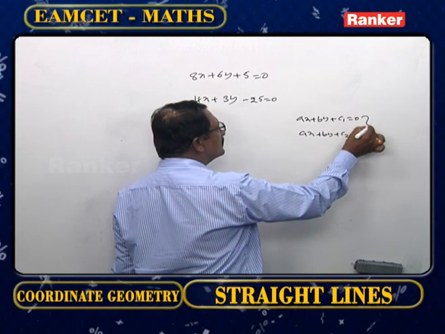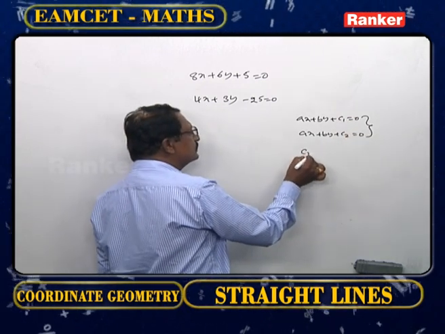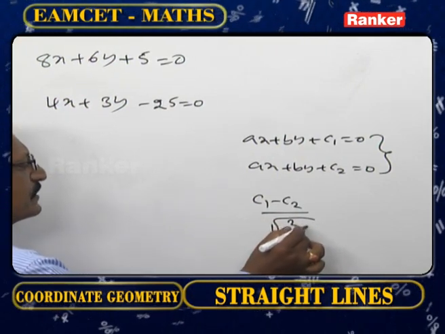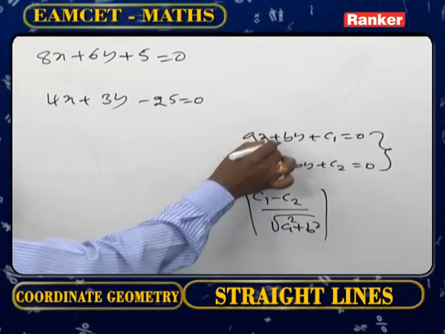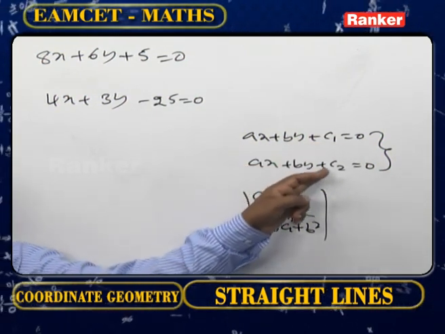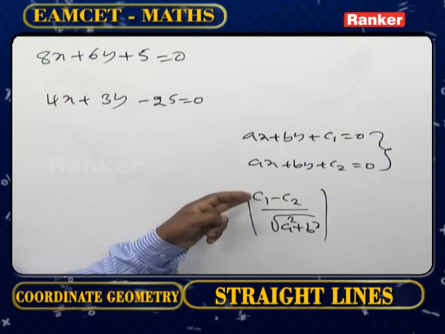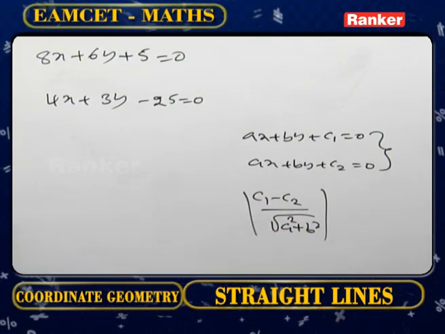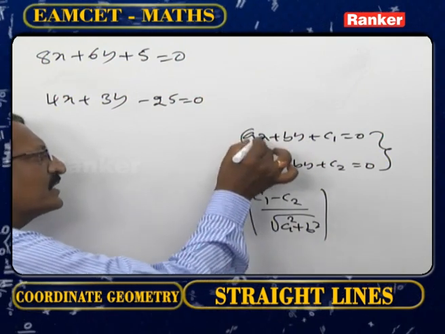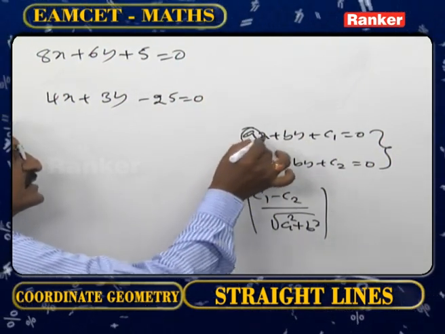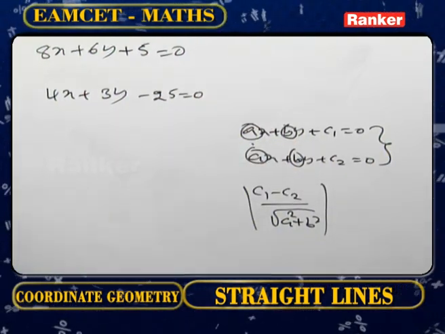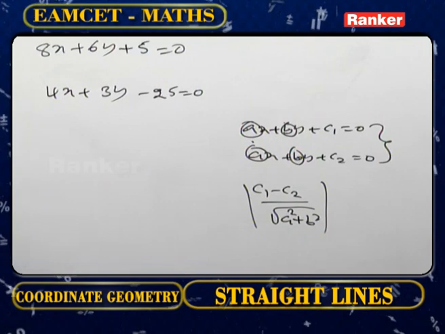Now the distance between these two parallel lines equals the modulus of (c1 minus c2) by the square root of a square plus b square. In this formula, compulsorily the coefficients of x and the coefficients of y in both equations must be the same.